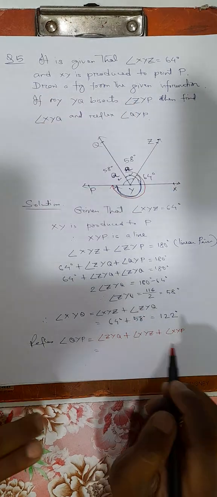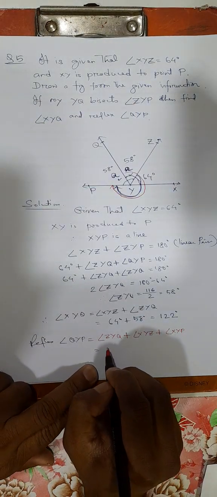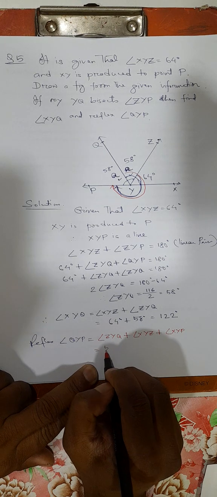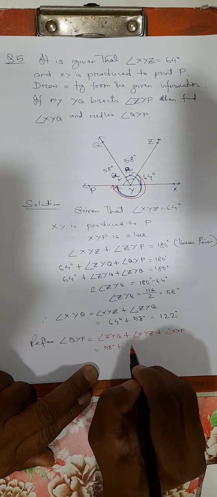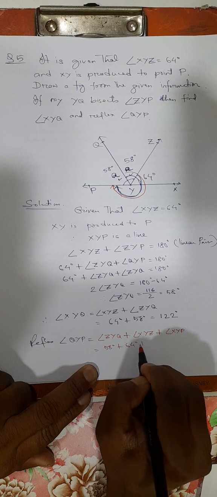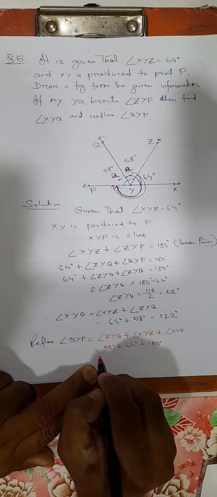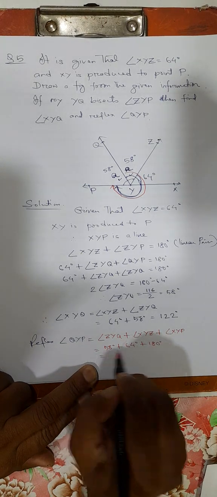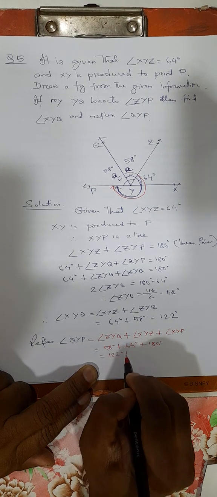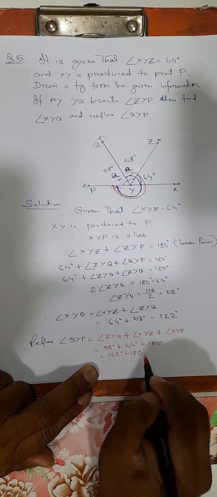That means it's a line, 180 degrees. So ZYQ is 58 degrees, XYZ is 64 degrees, plus 180 degrees. We already found their sum, 122 degrees, plus 180 degrees.